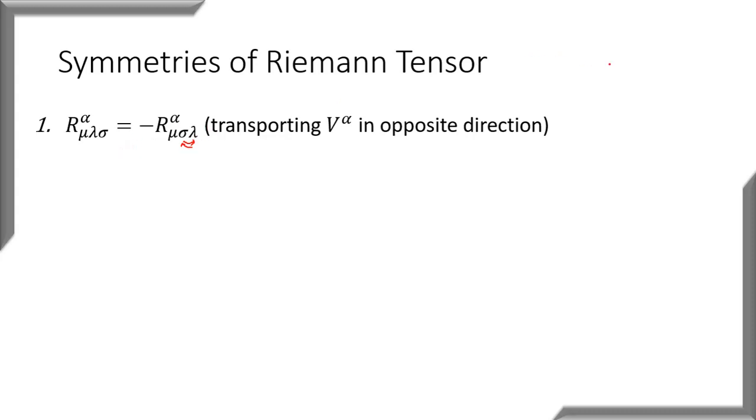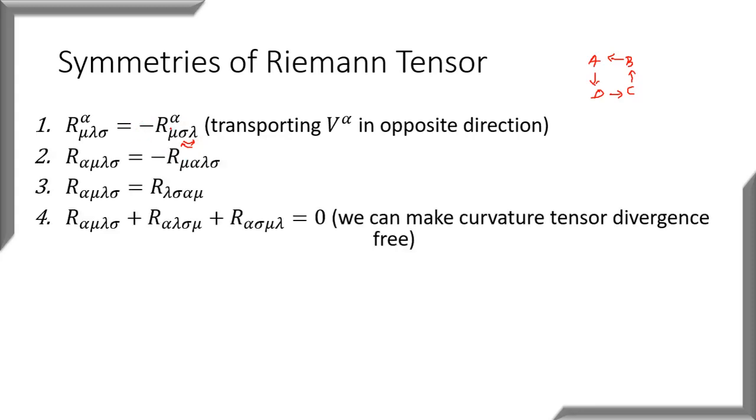This just means that instead of transporting from A to B to C to D, I have transported it from A to D to C to B and back to A in another path. Just by interchanging the sigma and lambda, the curvature tensor which I get will have a negative sign over here.